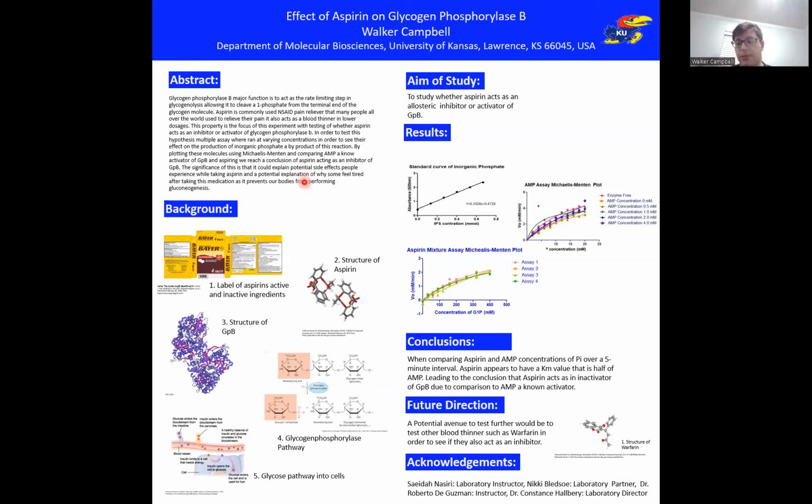I wanted to see if a blood thinner, in particular, had any effect on whether it made the process slower or faster.